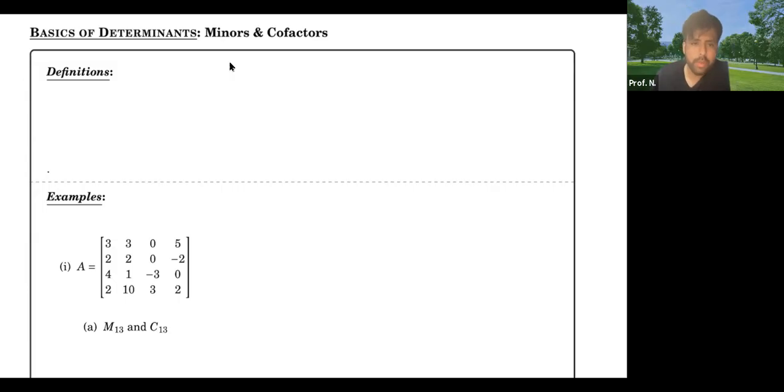So the first order of business is to understand some terminology. And to start, we're going to talk about what a minor is and what a cofactor is. So we have two things. We have a minor and a cofactor.